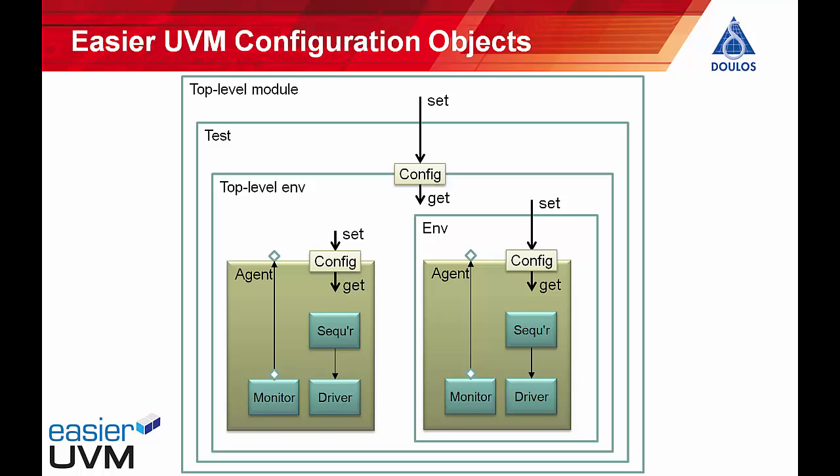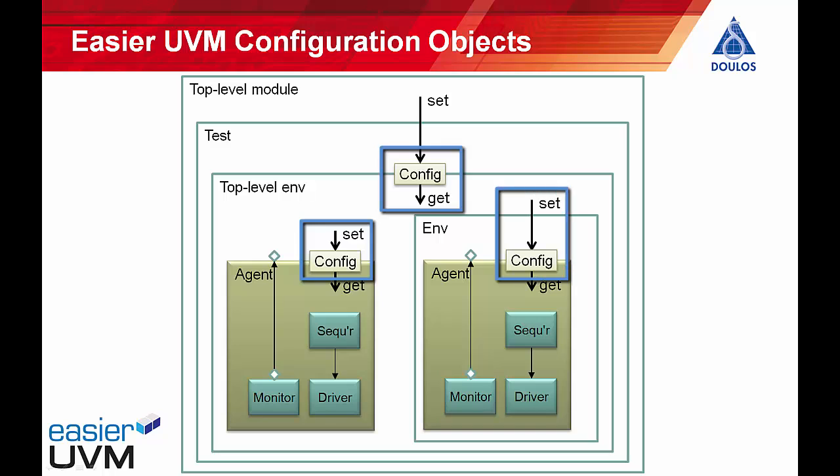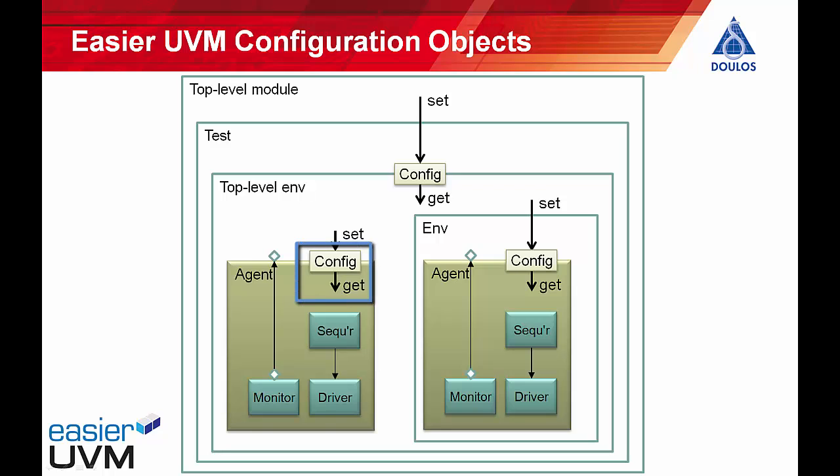On the slides that follow, you're going to see three examples. We're going to start off by setting the top-level configuration into the configuration database from the top-level module. Then we'll see the top-level env getting the configuration object from the configuration database and creating and setting configuration objects for the individual agents. And then finally, we'll see an agent getting its configuration object from the configuration database.